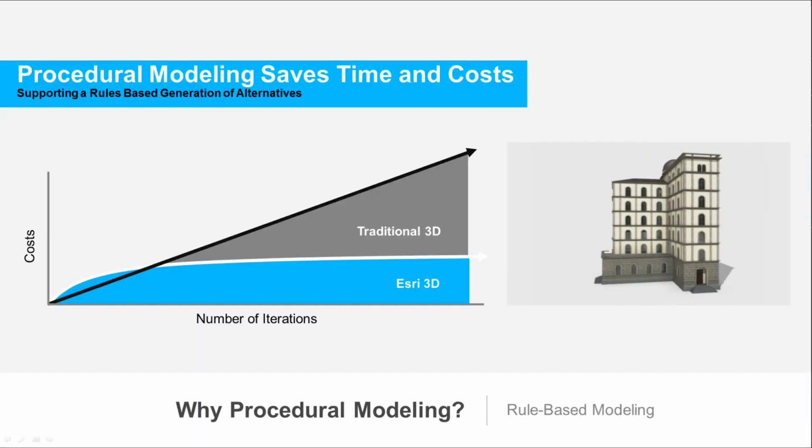A few years ago, Esri acquired a Swiss startup by the name of Procedural, who originally developed a product called City Engine. Since the acquisition, Esri has been integrating a concept known as procedural or rule-based modeling into the ArcGIS platform. With procedural modeling, users no longer have to manually model 3D cities by hand.